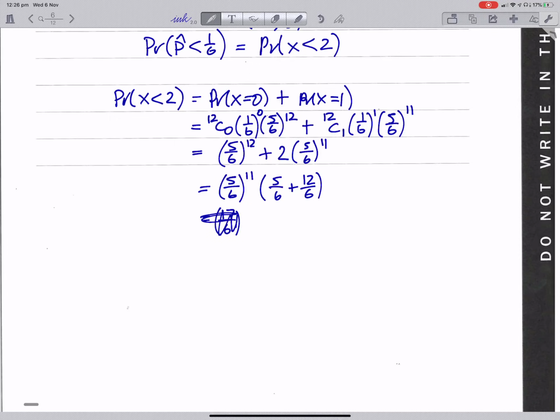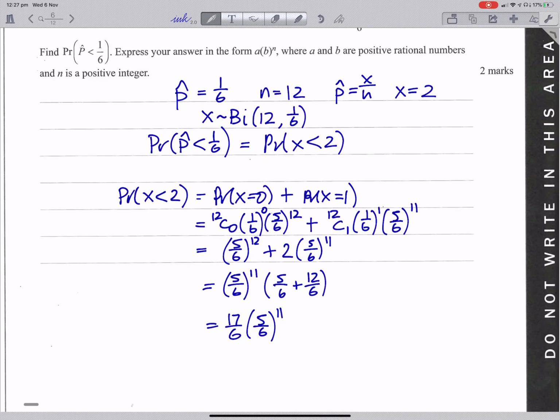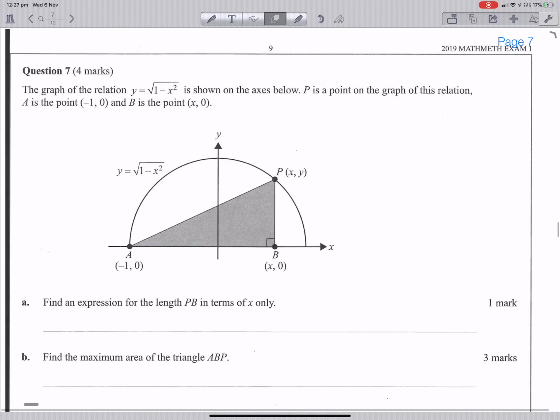So 17 on 6, 5 on 6 to the 11, which is, hopefully it is in that form. N is a positive integer, yep, that all looks good.